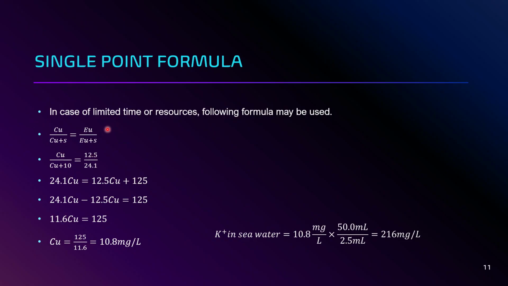If I explain this formula to you, this is the concentration of unknown and this is the emission intensity of unknown. These two values are from flask number 1, in which you have not added any external potassium, and the denominator, the concentration of unknown and standard, means it could be any other flask.